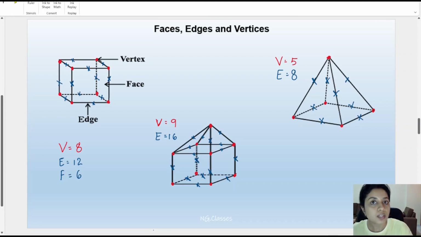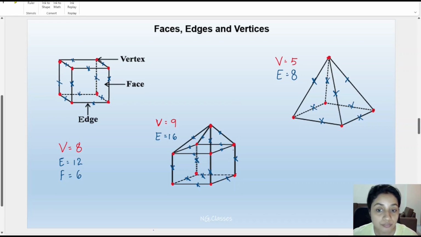Now let's count the number of faces of the next figure. For the next figure, we can start from the bottom. At the bottom, one square is there, right? Now we have one square on the front and one square on the back. All right. One square on the left and one square on the right. For the bottom part, we have a total of 4 squares all around and one at the bottom. That means 5 squares.